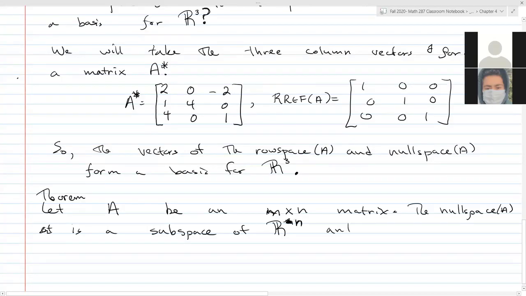A subspace of Rn. And the row space of A is a subspace of Rn.